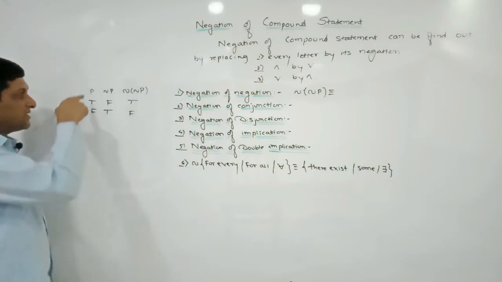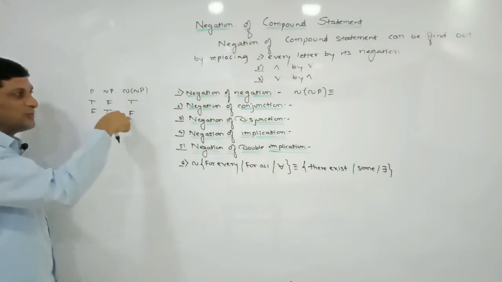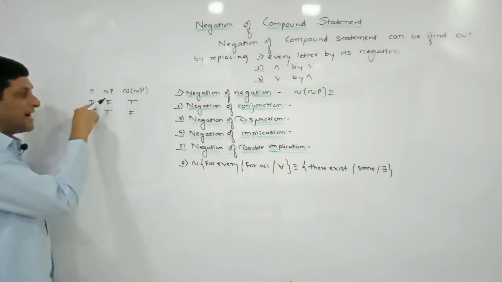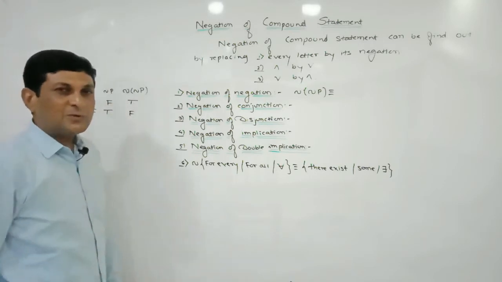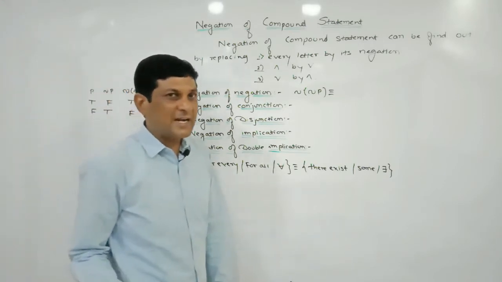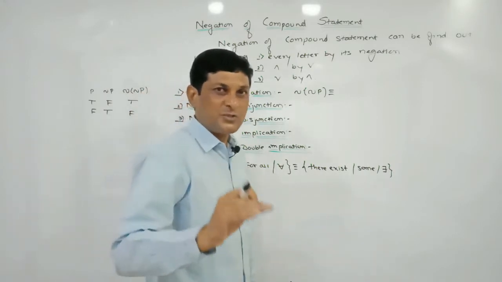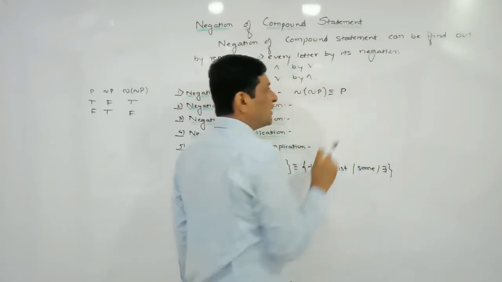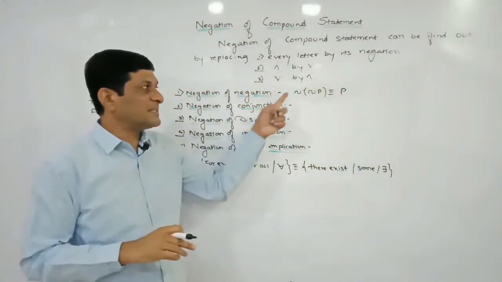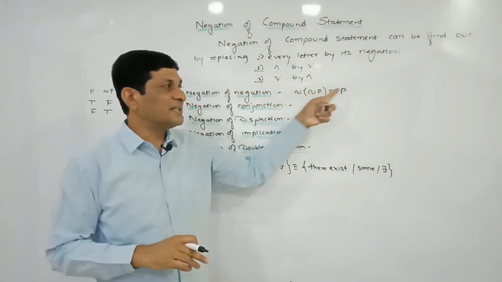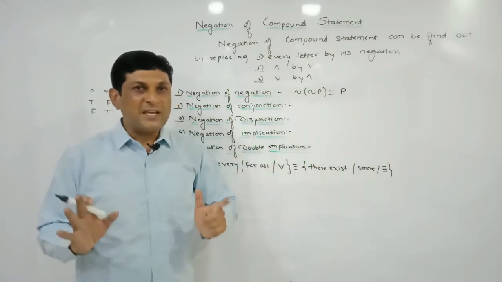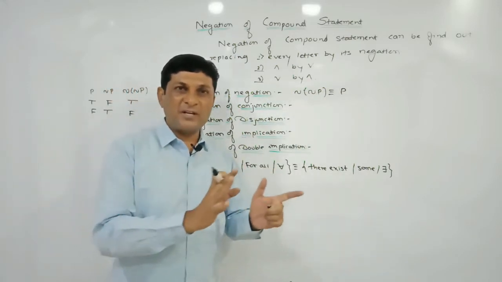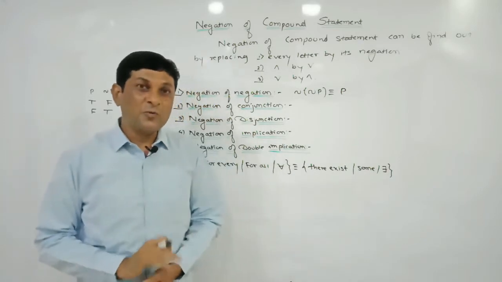Here we can observe that the truth values of P and negation of negation P are identical, TF. And we know that if the truth values of two statements are identical, then the two statements are logically equivalent. So negation of negation P is equivalent to what? P. This result says that the negations get cancelled, and what result are we getting? P. In this way we have seen how to find the negation of the first logical connective, negation.